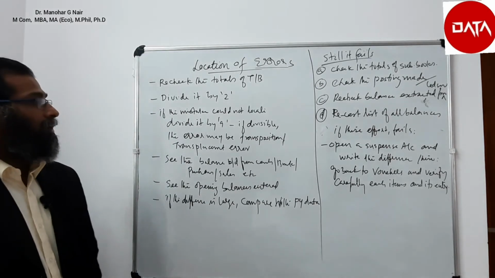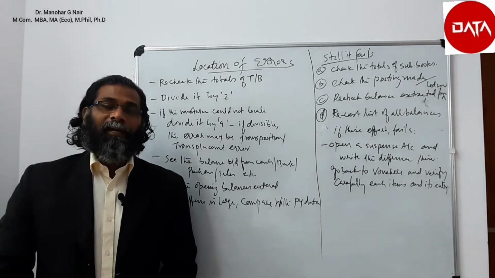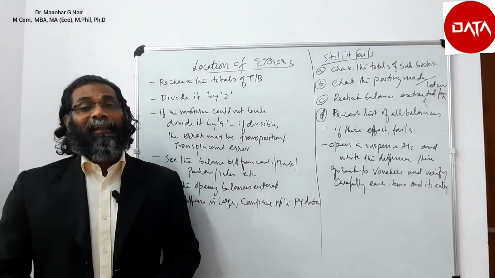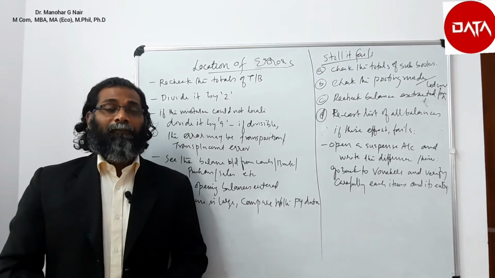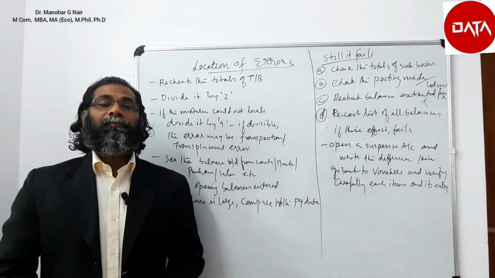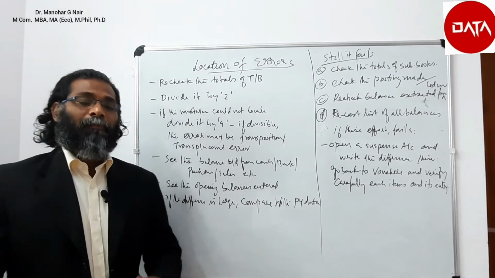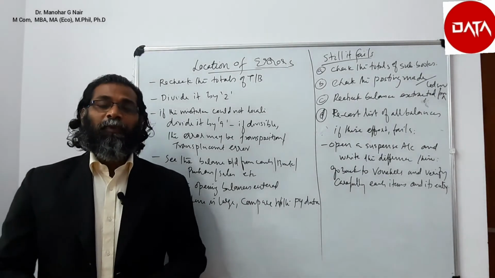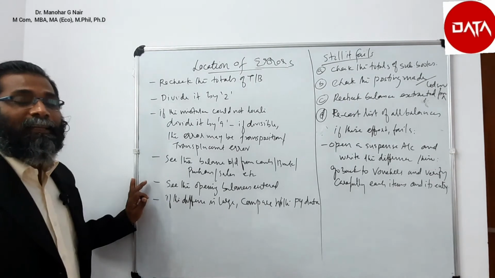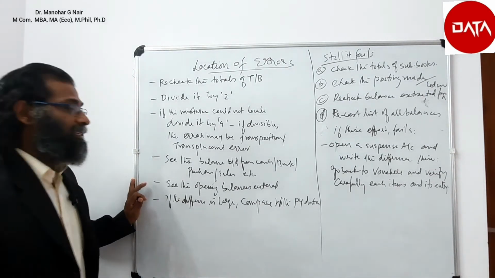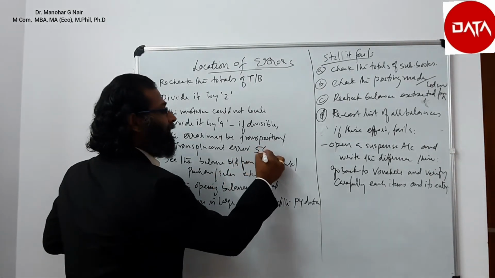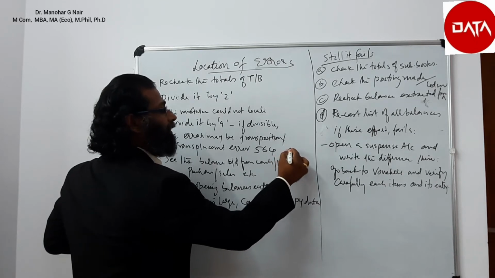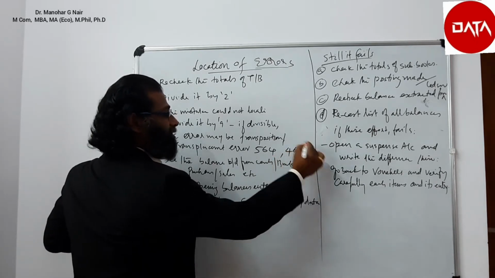If not possible, then divide that difference by 9. If it is easily divisible, then it may be an error of transposition or transplacement. The transposition error means that instead of writing 564, it is written 465.